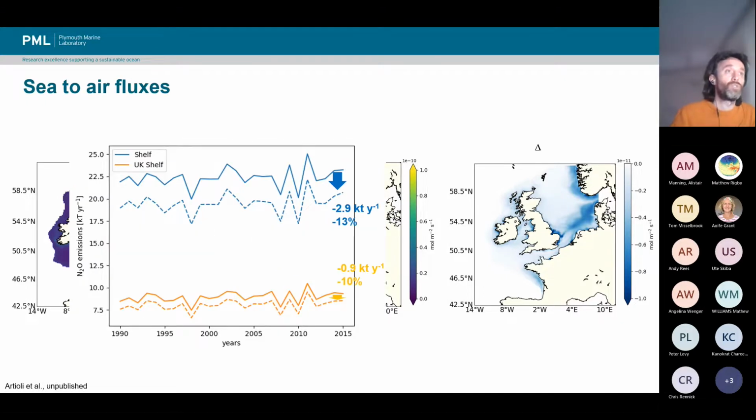If we want to quantify, this is about a 10 to 13% reduction, and in total about 1 kiloton per year is the anthropogenic emission from the marine environment in the northwestern European shelf, which is about 3 kilotons per year, and if we focus on the UK shelf, it is about 1 kiloton per year.